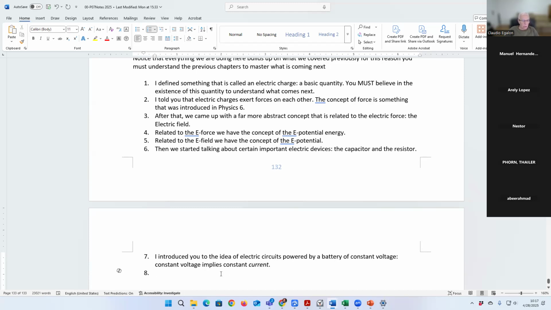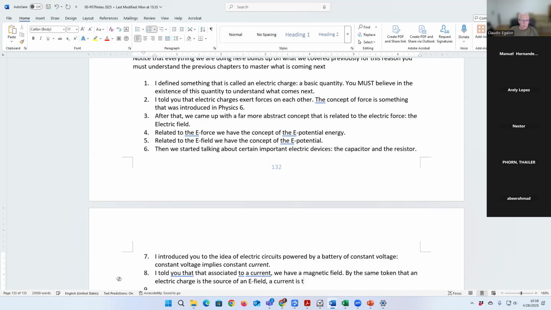Then I told you that associated to a current we have a magnetic field. The current is a source of magnetic field, by the same token that an electric charge is the source of an electric field.